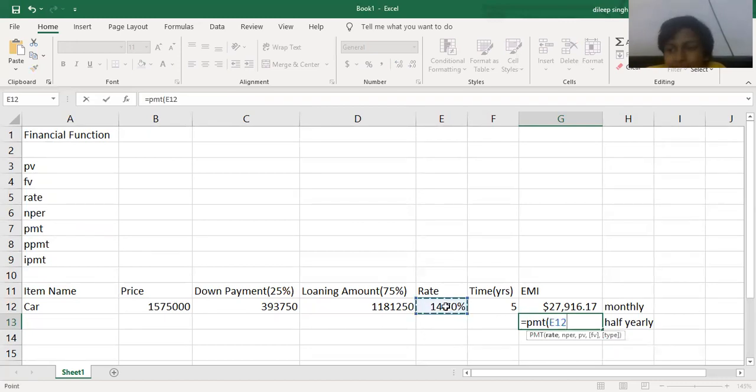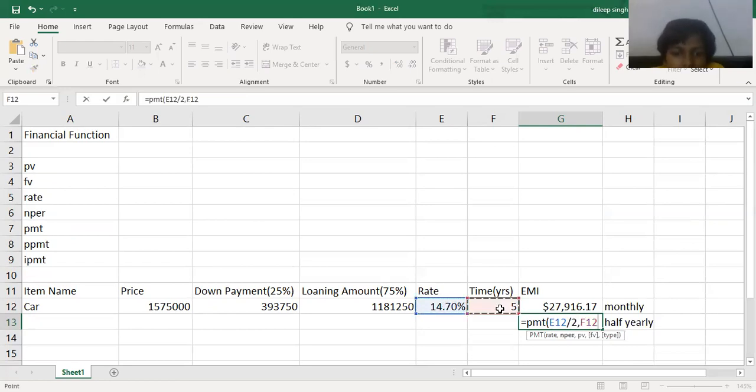Just click on rate, and how many parts of the year for our interest rate. There are two parts because we have to pay a 6 month installment. When we pay the first installment after 6 months, and again after 6 months, that is two installments in a year. That's why we divide here by 2.